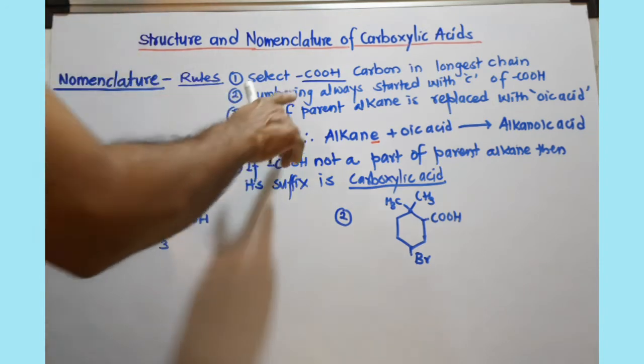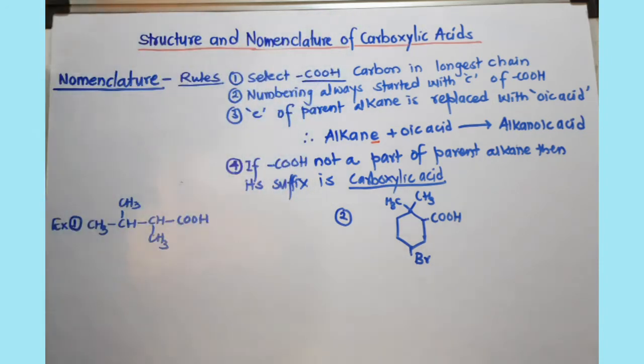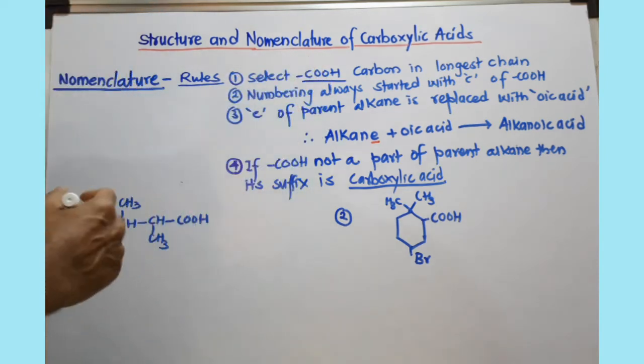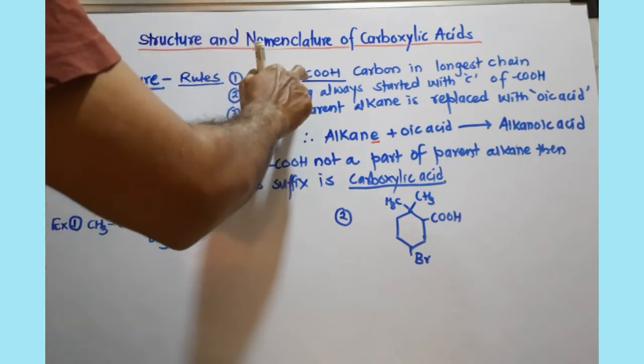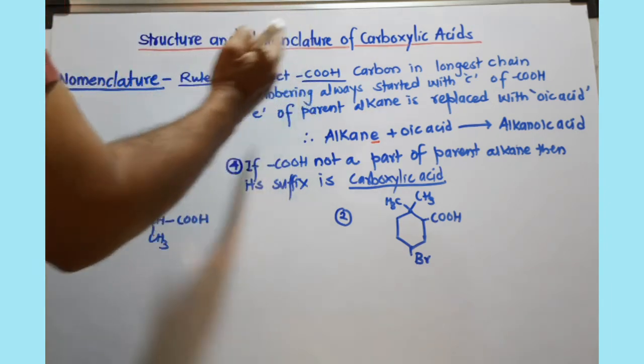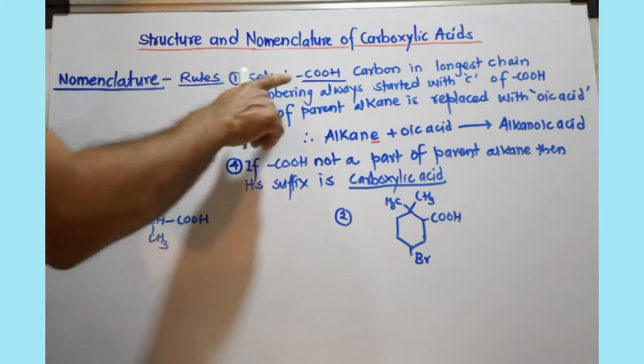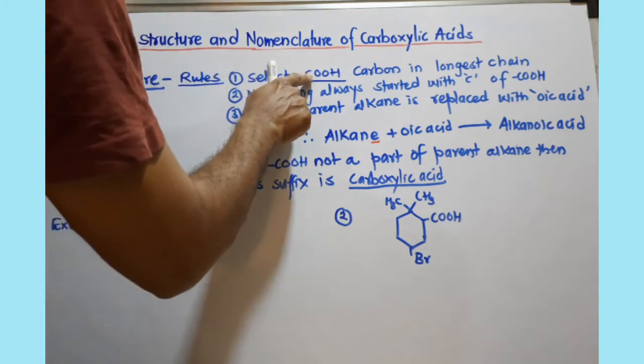You have to consider this carbon along with the longest chain. Usually we skip this carbon, that is a mistake. You don't skip this carbon, you have to select it along with the chain of the parent alkane. So this carbon is a part of the parent alkane.